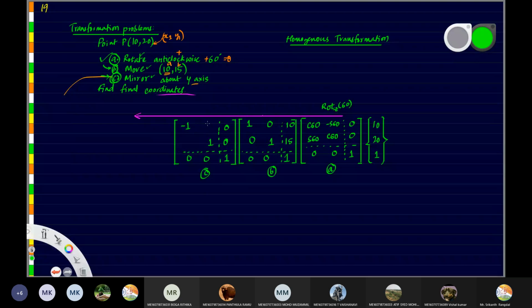Coming to the short notation, we can write this as P of xy, the point, multiplied with rotation about the z-axis by 60 degrees. Then we are translating, so we write TRAN and give the coordinates, by 10 in x direction and 15 in y direction. Then we are doing mirror, so in short you can just write MIR about the y-axis.